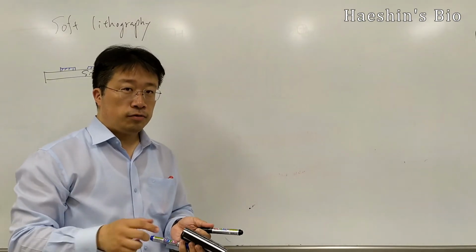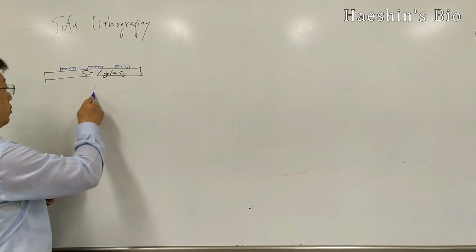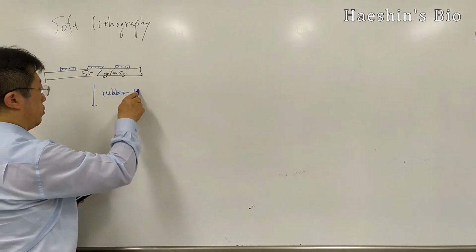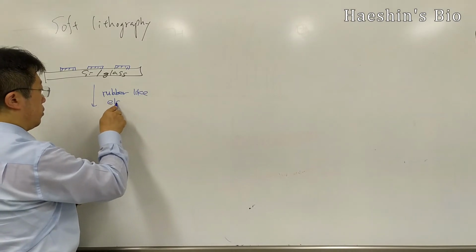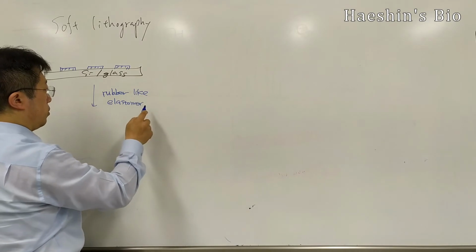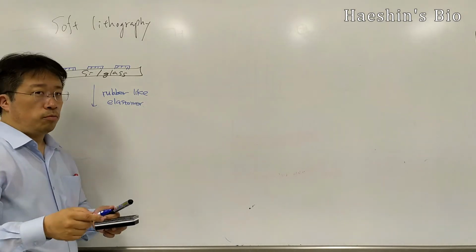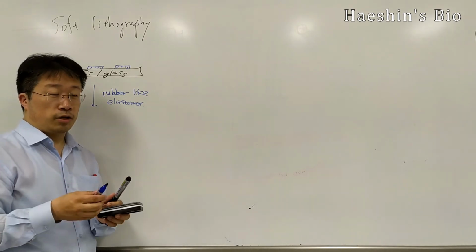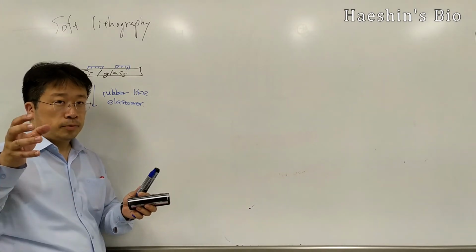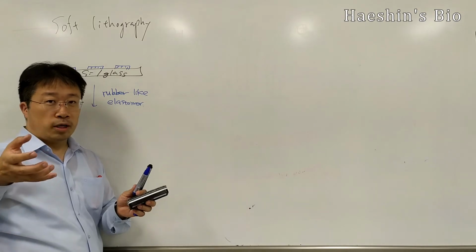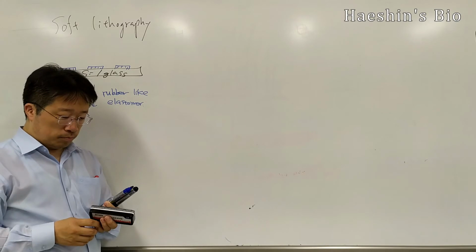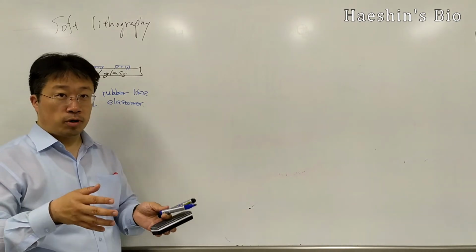And then what if we have some rubber-like elastomer? It's a rubber, but as you know, in a certain process the rubber can be in a solution state and then be solidified.